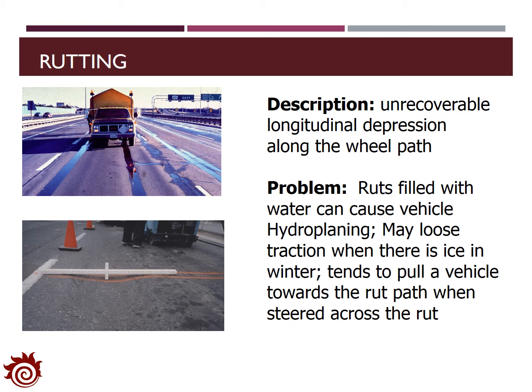For example, after rainfall, the water will fill in the ruts and cause vehicle hydroplaning, and vehicles can also lose traction when there's ice in the winter, and ruts can tend to pull a vehicle toward the rut path when drivers are trying to make lane changes. This will increase the risk of collisions on the road.